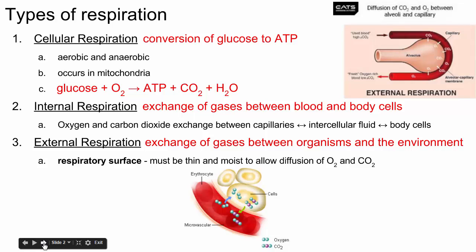Depending on what type of organism we're talking about, that respiratory surface changes. But typically, it's always a very thin layer. It's generally moist, and that allows for the most efficient diffusion of oxygen and carbon dioxide.